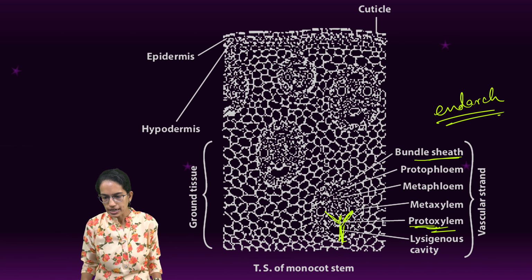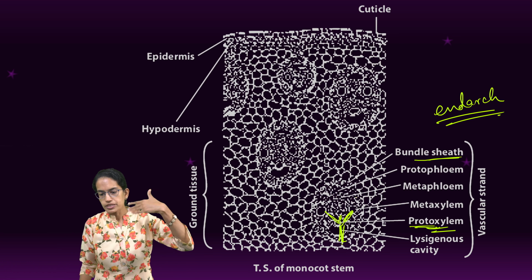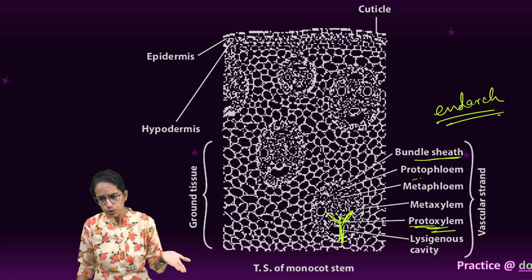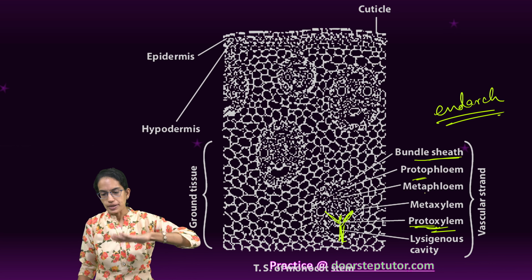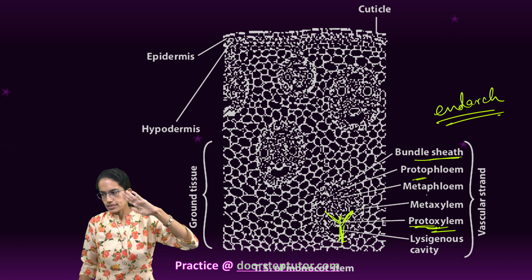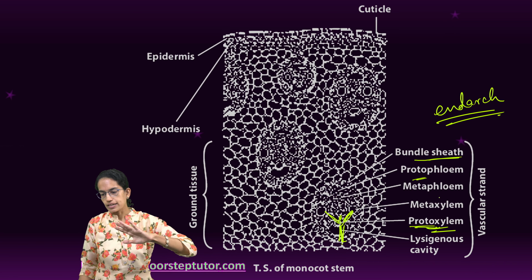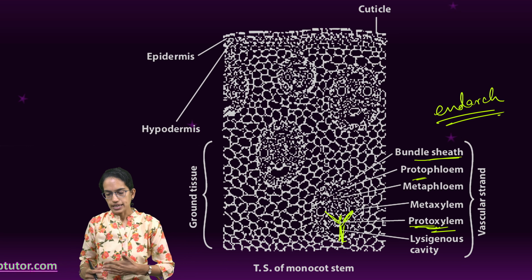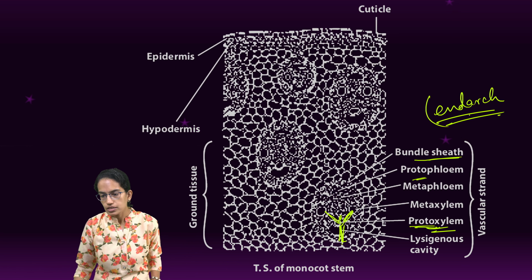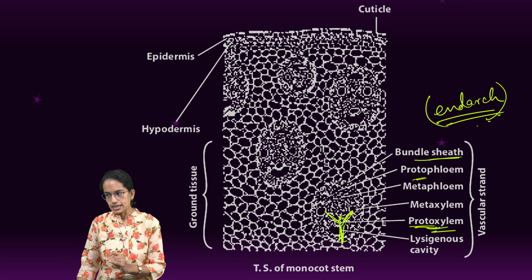In between there are tracheids. Phloem is present on the upper side towards the epidermis. Protophloem is present on the upper side of the metaphloem. That's one of the major characteristics, and as we can see, protoxylem is under the metaxylem, and therefore the vascular bundle here is endarch.